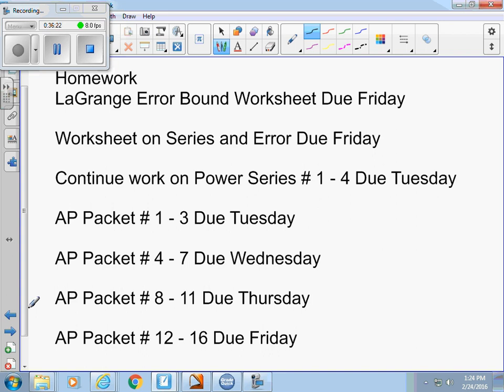So you should have got 3 pieces of paper. You should have got three packets: the Series and Error worksheets, and the AP packet. We'll do the other 2 AP problems on Friday, just so you get to see me work 2 more AP problems. But you have all of the material now. You just need to work and ask questions.